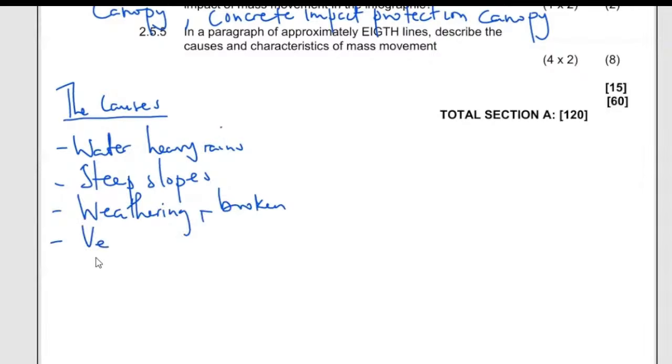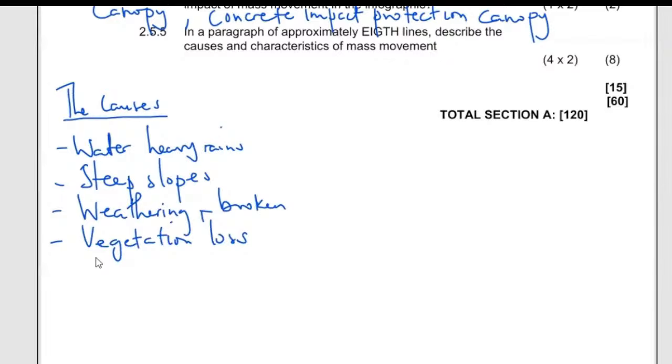Then also, if you look at vegetation loss, if we deliberately remove vegetation on steep slopes, ultimately we are destabilizing the slopes. And once the slope becomes unstable, that is going to facilitate the movement of material under the influence of gravity on those slopes.